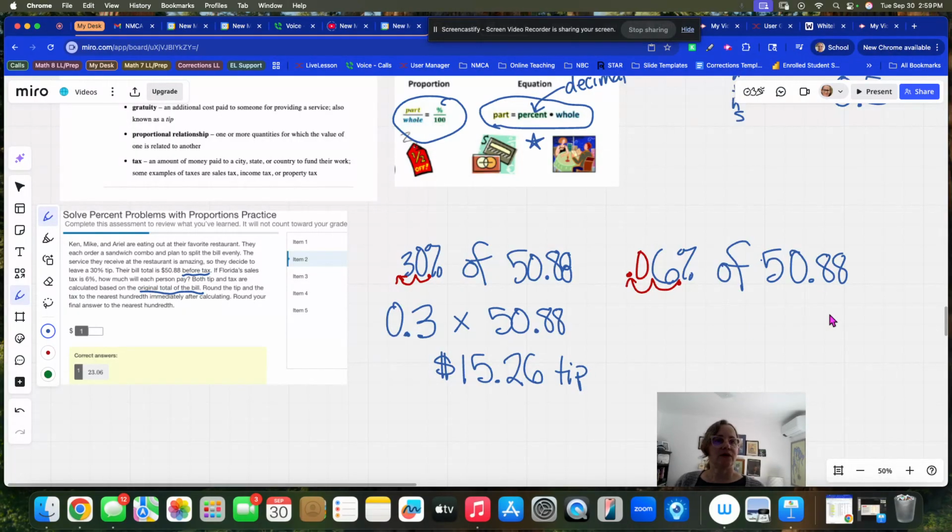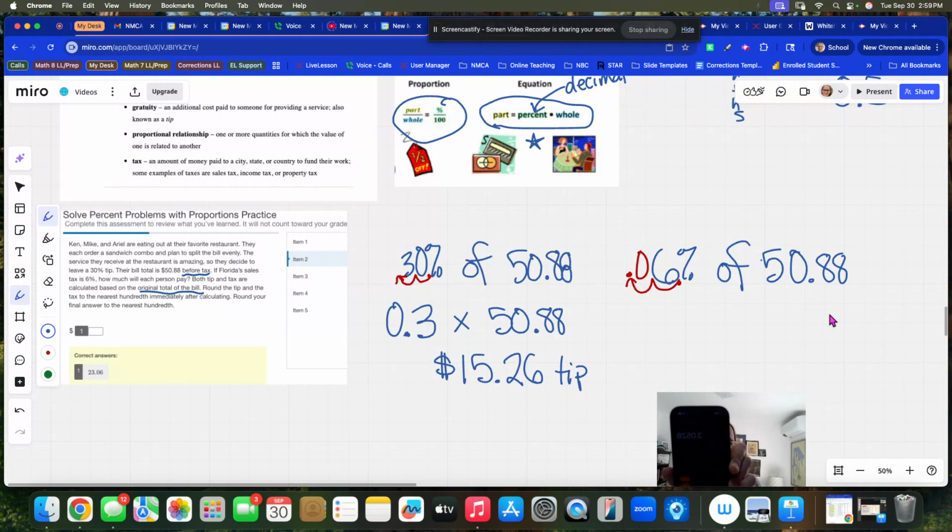Okay, let's do the same thing for the tax. 50.88 times 0.06. I'm getting this number, which is pretty small, but 6% should be small.